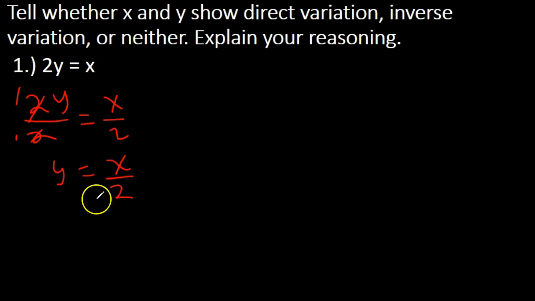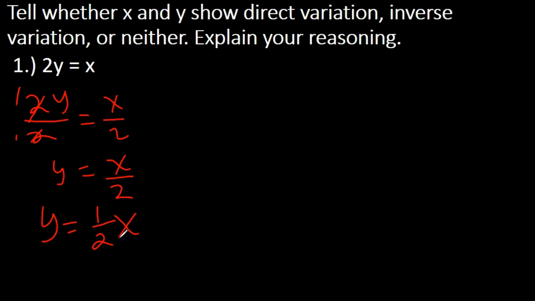Well, let's look at what we have. At least the x is not in the denominator. For it to be inverse, the x has to be in the denominator. But then it looks a bit confusing. Is it direct? Well, we can rewrite this equation, because dividing by 2 is the same thing as multiplying by 1/2. So instead of dividing x by 2, we can multiply x by 1/2.